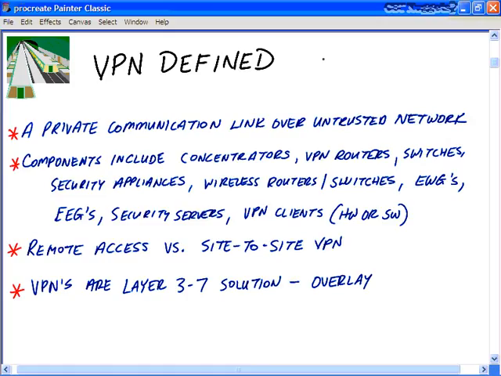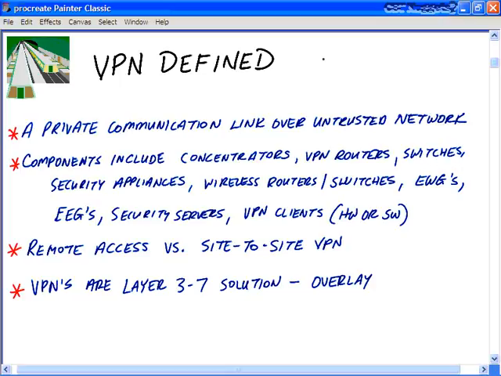Now, we've defined local area networks and the technologies and wide area networks and the technologies, and we've also applied those to the different layers of the OSI model. But nowadays, one of the most important factors that connects components in a local area network to a wide area network, or multiple aspects of a wide area network together, is the virtual private network, the extension of your corporate headquarters to remote sites and remote users.